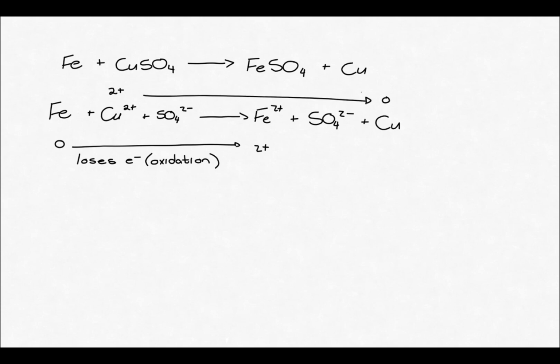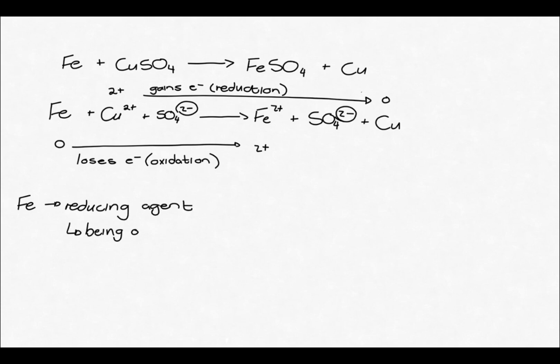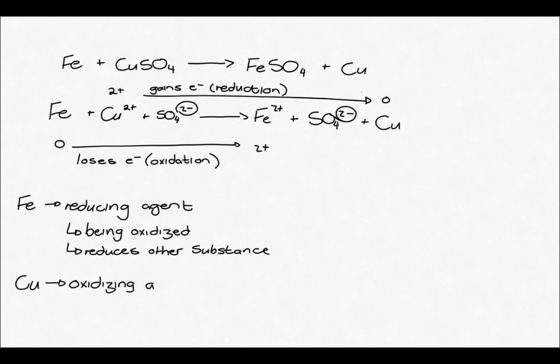So here it gains electrons, so it's being reduced. We can also say that iron is the reducing agent, because it's being oxidized. This means that it reduces other substances. Copper, on the other hand, is an oxidizing agent, because it's being reduced, so it's oxidizing other substances.